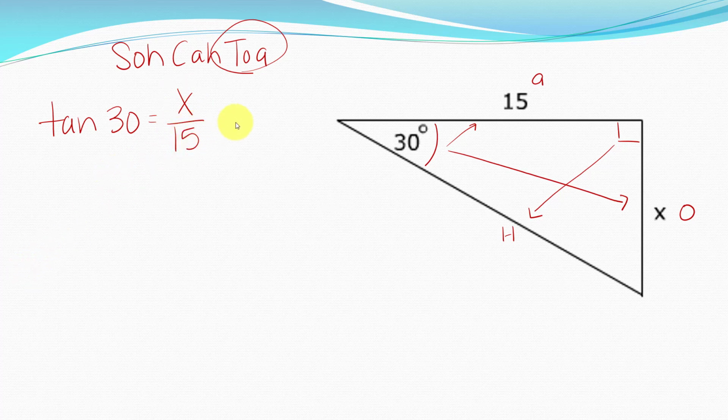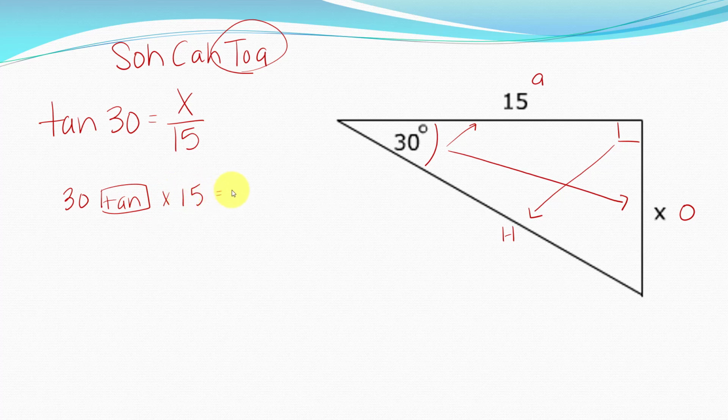In my calculator, I'm going to probably hit the buttons in this order: 30, then tangent, and then times 15.